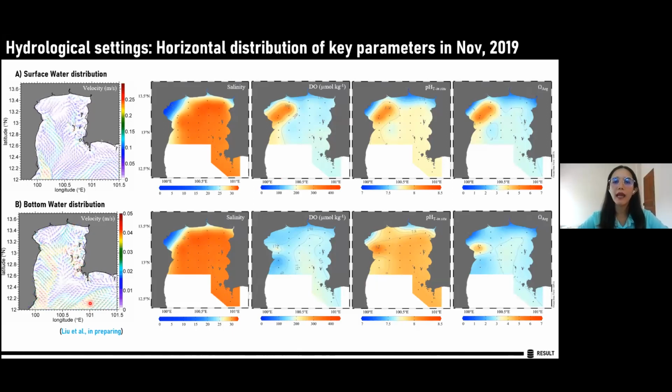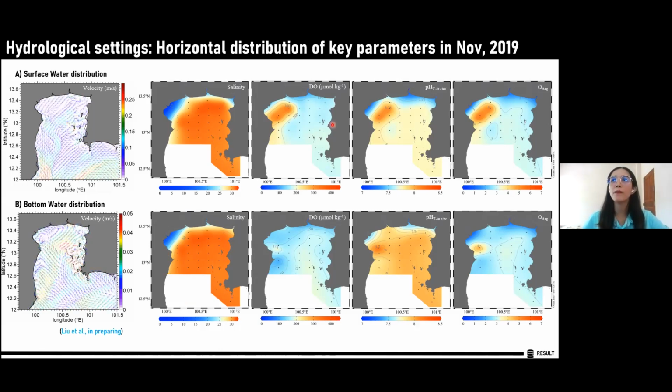The buoyant water is exhibited in the northwest corner, which we can observe from the salinity, and the velocity ranges between 0.02 and 0.1 meters per second. The tidal cycle was a mixed tide during the investigated time, and water masses were well mixed in the eastern zone of the upper Gulf, and stratification occurred in the area nearby the estuary.